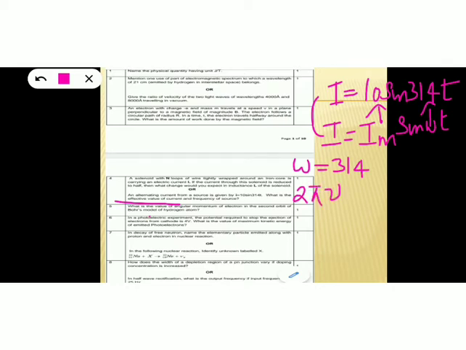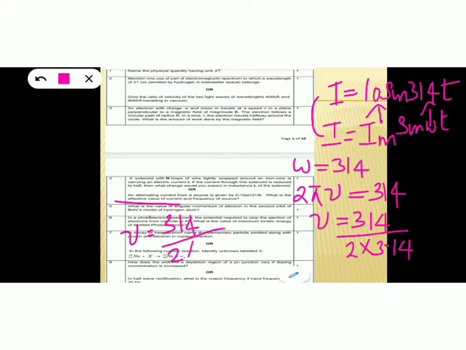Omega is equal to 2 pi nu, where nu is the frequency. So 2 pi nu is equal to 314. Therefore nu, that is frequency, is equal to 314 by 2 pi. Pi is 3.14. So 2 into 3.14. And here when you remove the decimal, you will get nu is equal to 314 by 2 into 3.14 into 100.